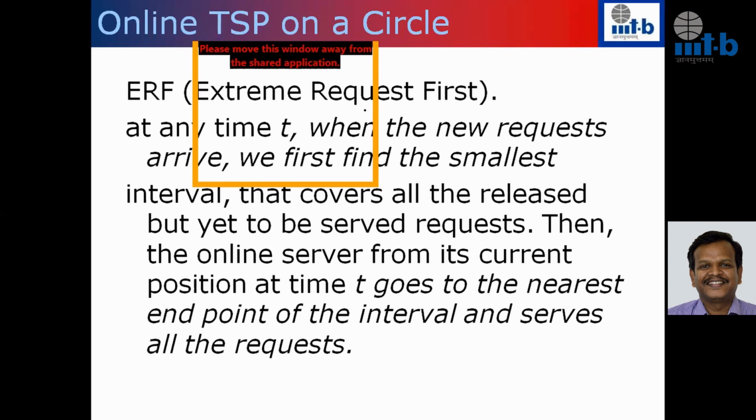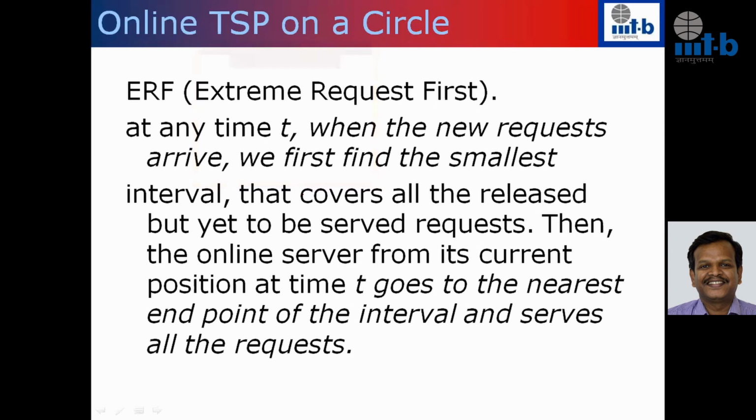So the algorithm is, at any point of time t, when the new requests arrive, we first find the smallest interval that covers all the released requests which are unserved. Then the online server, from its current position, goes to the nearest end of the interval and serves that request. If you look at it diagrammatically, just look at an interval.